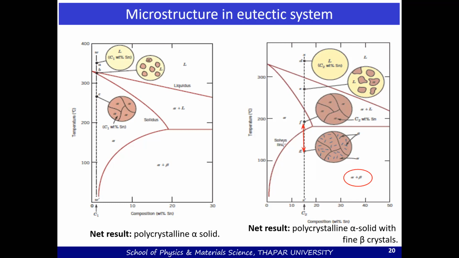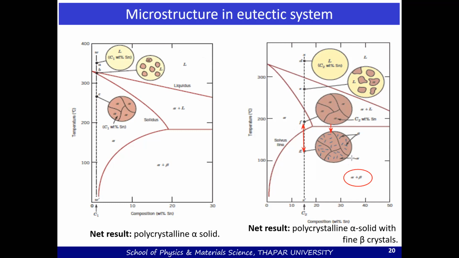When you cross this lower solvus line, you can see your microstructure still mostly remains an alpha solid, which you can see here. Your microstructure changes like this. Initially it was like this, and now it is like this.